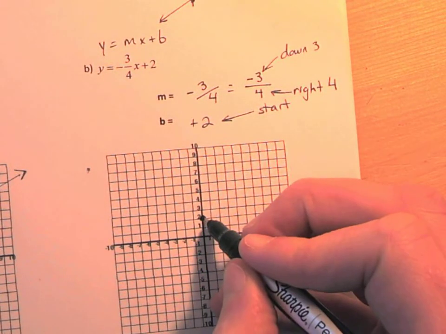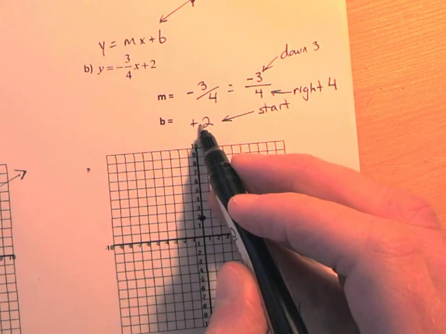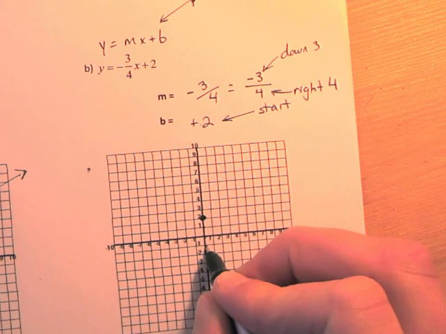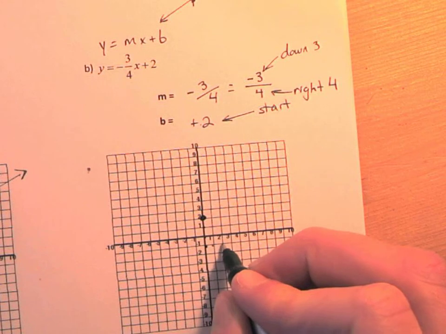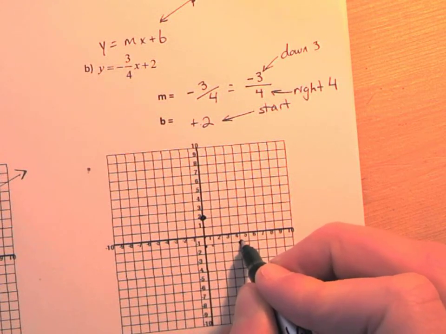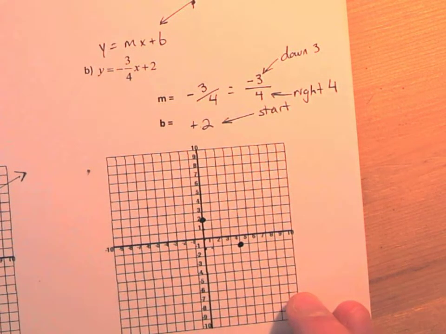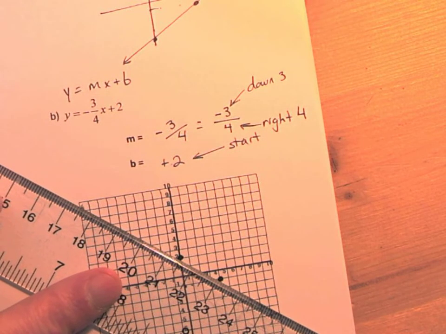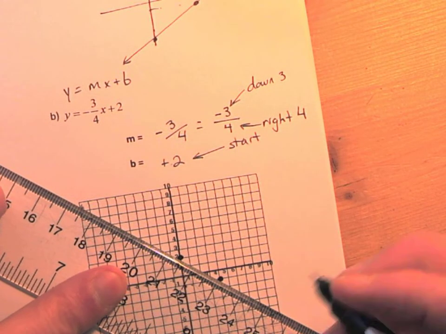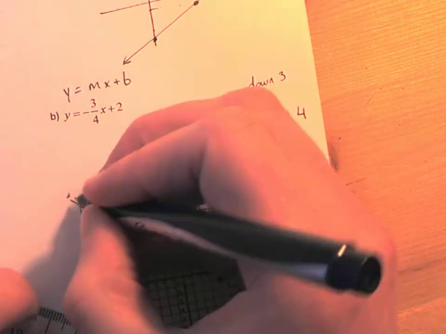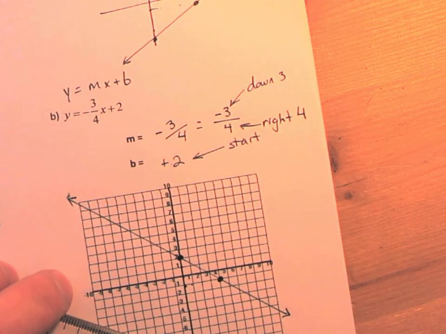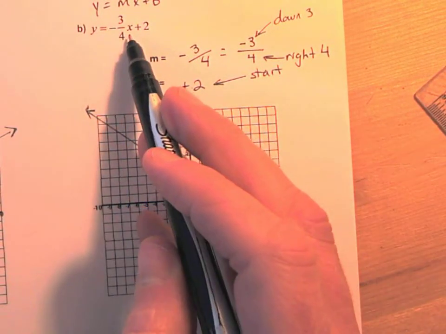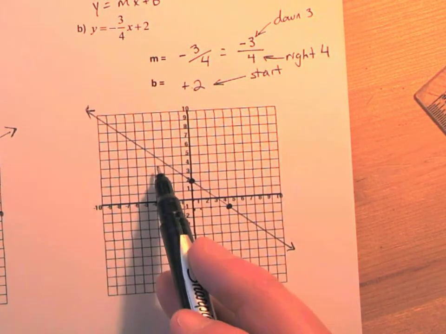So here if I go down 1, and it's always from that b value, from where you started. So 1, 2, 3, and then to the right 4. 1, 2, 3, 4. So now I have 2 dots, and when you have 2 dots of a line, you can draw the line, always. And so that's the line of this equation, and they mean the same thing.